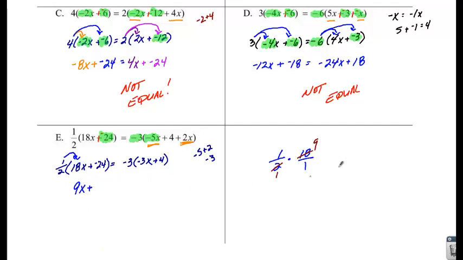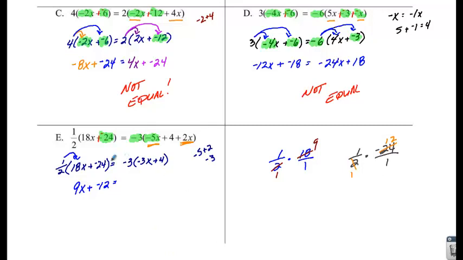Plus, everything's addition, plus 1/2 times negative 24. We know that's going to be a negative answer because we have a positive times a negative. So keep that in mind before you get confused with all your canceling. Negative 12. So 9x plus negative 12 equals negative 3.